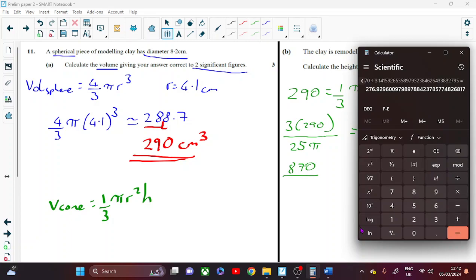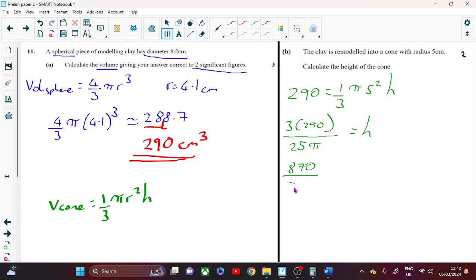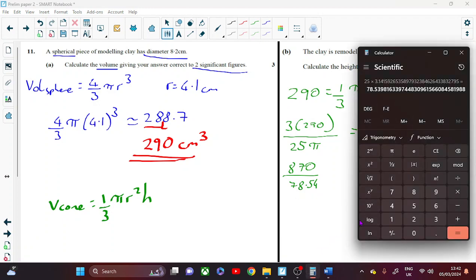I don't think it did that. Right, okay, that's why I wrote it down. 25 times pi is approximately 78.54. Your calculators will probably be able to give you a more accurate result.